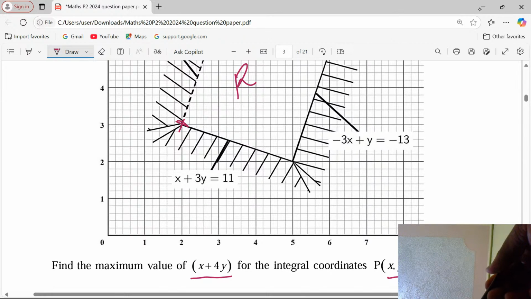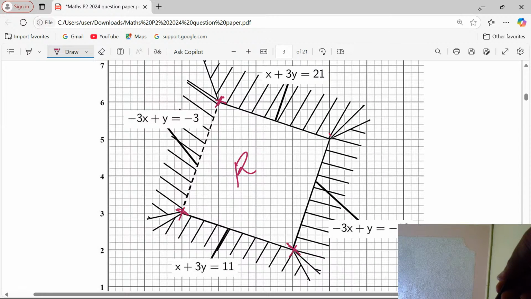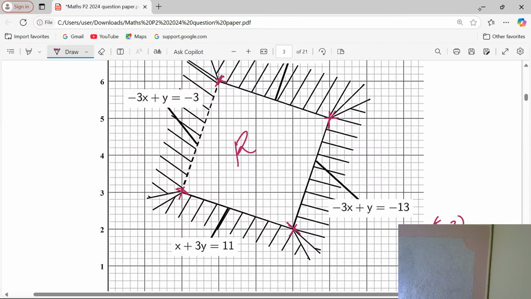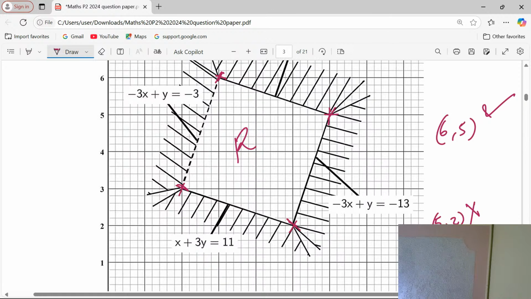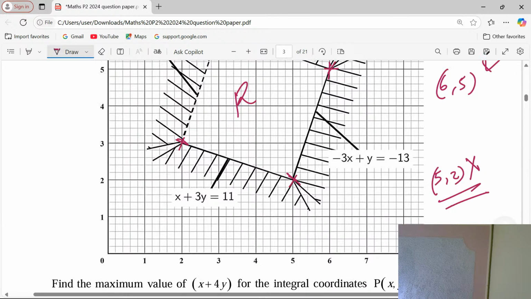When you compare this edge, where we have (5, 2), and the edge at this point, where we have (6, 5), there is no way (5, 2) can give us a value greater than (6, 5). So the maximum coordinate is going to be (6, 5), according to the graph provided.